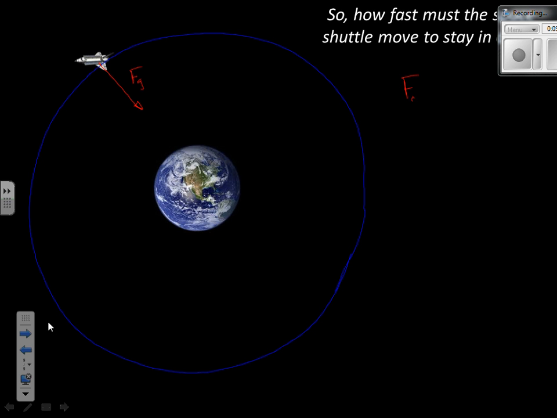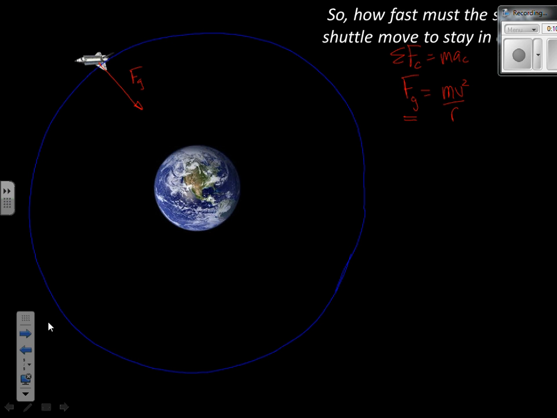Let me back up and say that the centripetal force, which is m a_c, is the only force in this case; there's not an outward force. The only force is this gravitational force that provides the centripetal force.